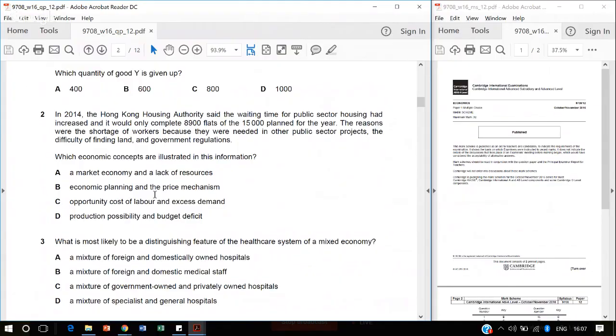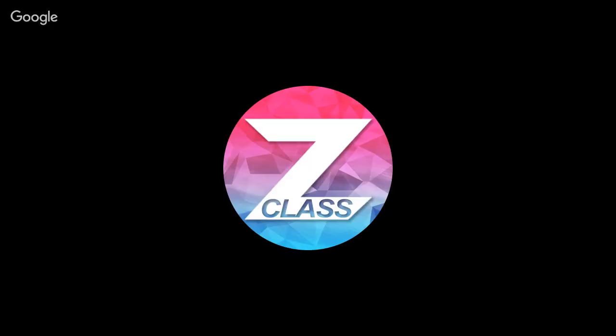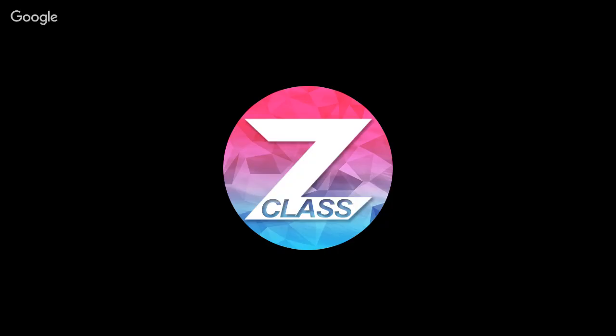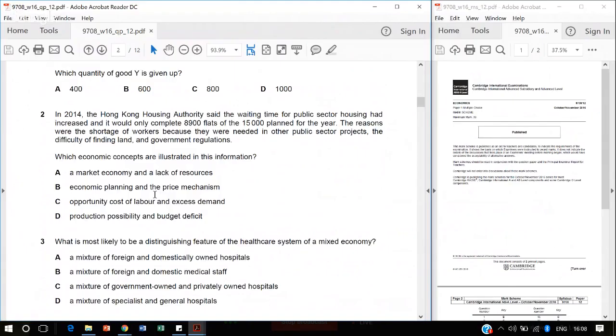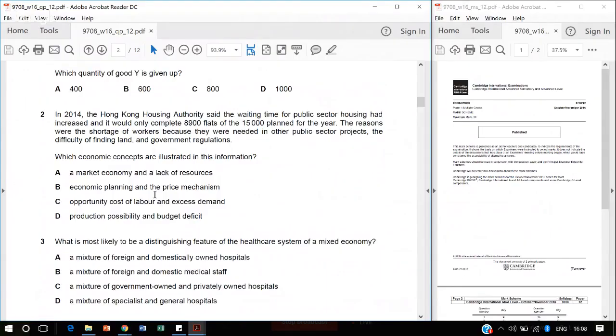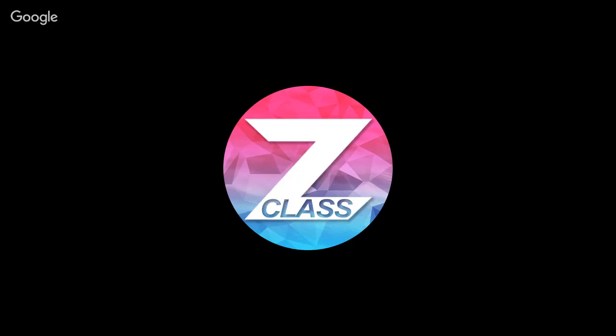Yep. And excess demand is true as well. How do you know that? Because they only completed 8,900 of the 15,000 planned. So they were hoping to make 15,000, I guess, to supply everyone with a house, but then they never managed it, which means that there's excess demand.